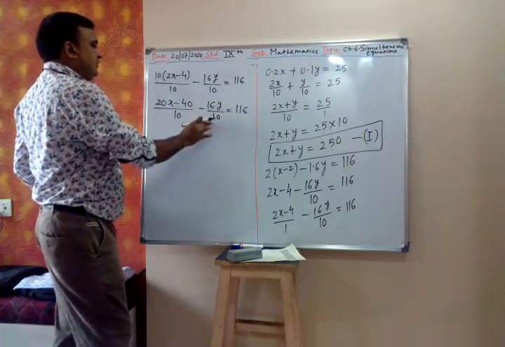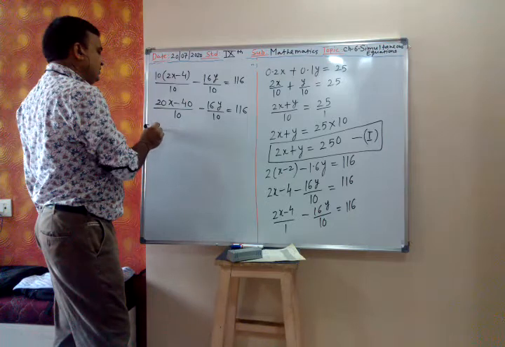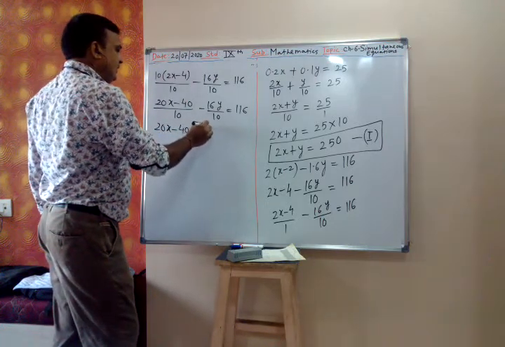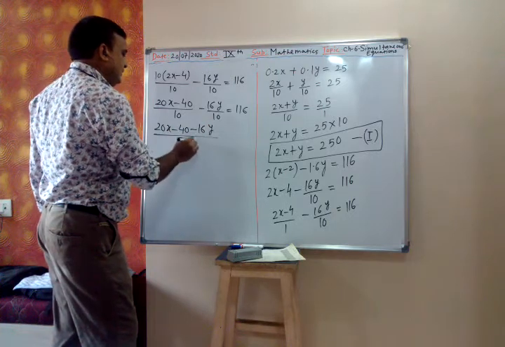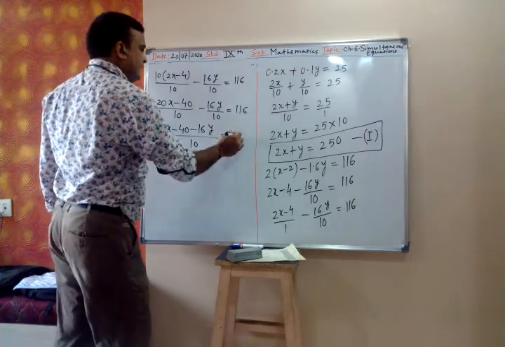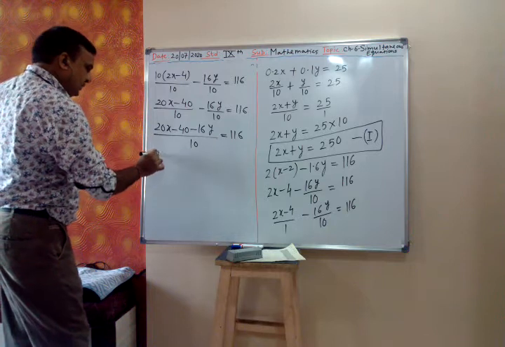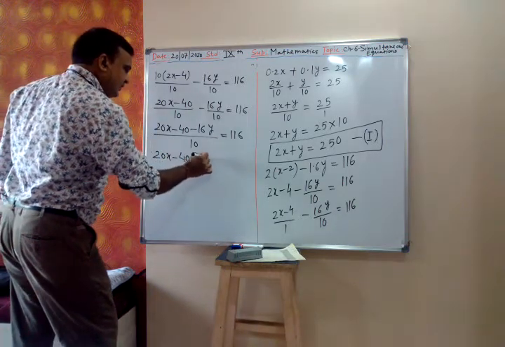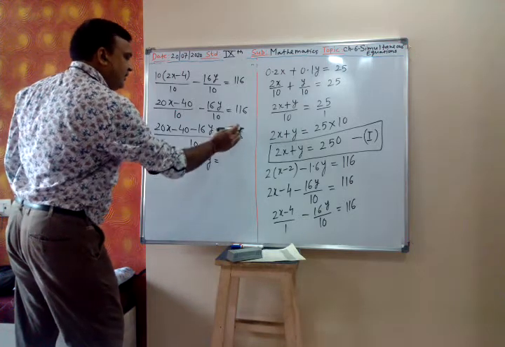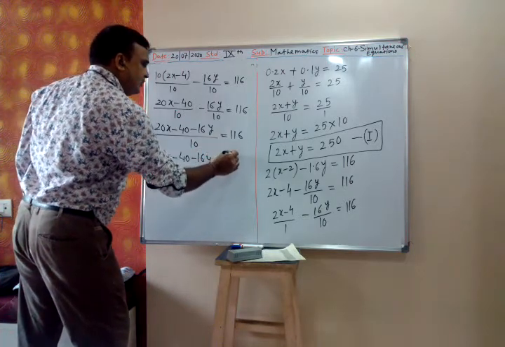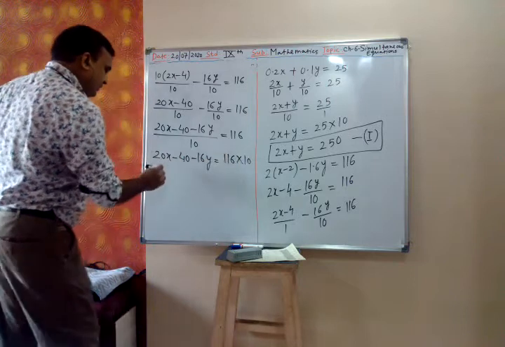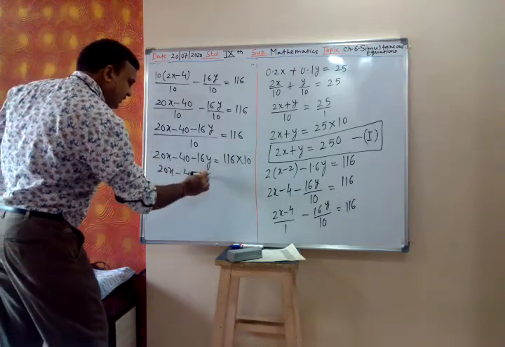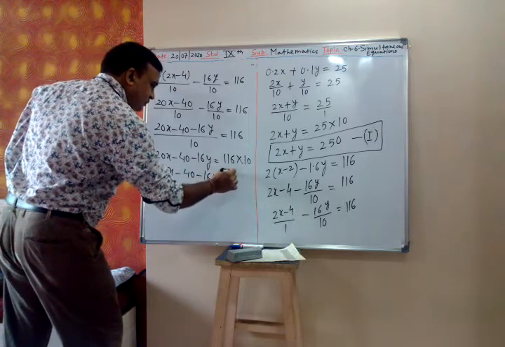Now the denominator is the same, so we can simplify the numerator. So that is 20x minus 40 minus 16y upon 10 is equal to 116. So 20x minus 40 minus 16y is equal to, this 10 will multiply 116 into 10, so 1160.